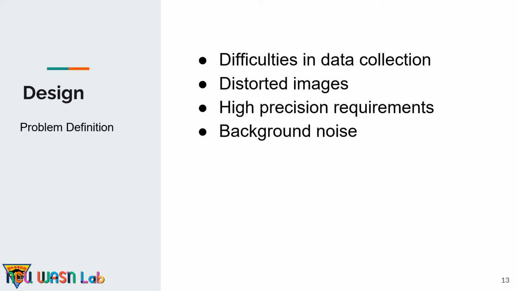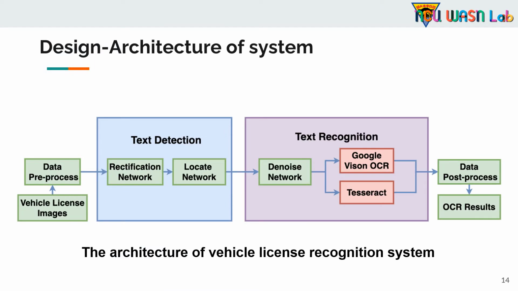The first one is difficulties in data collection, then distorted images and high precision requirements. And the last one is background noise. And this is the architecture of our system. The green boxes are our implementations, and the red boxes are using third-party software.